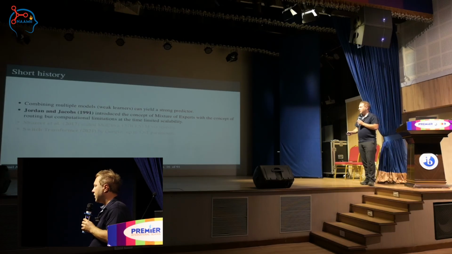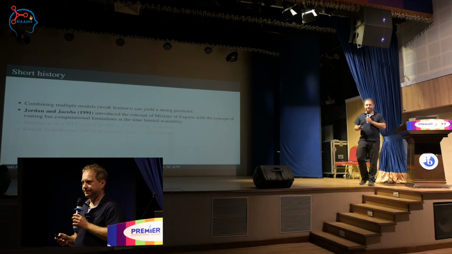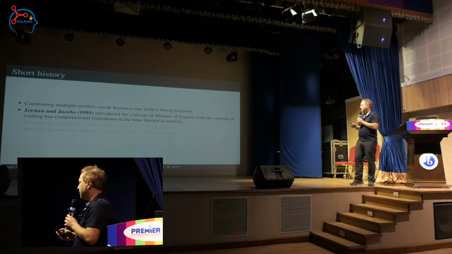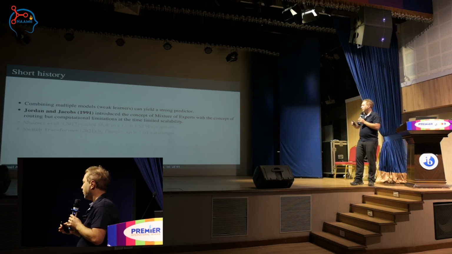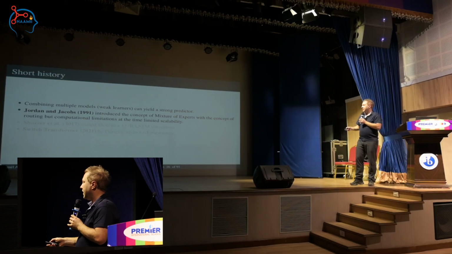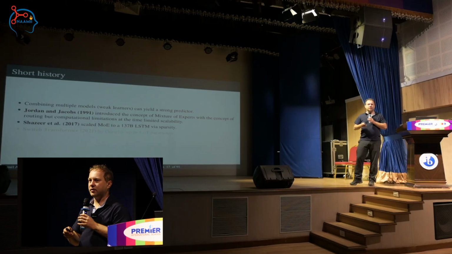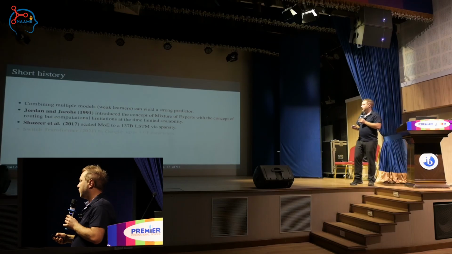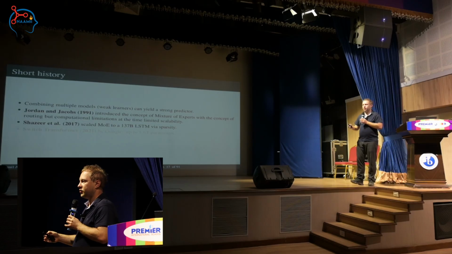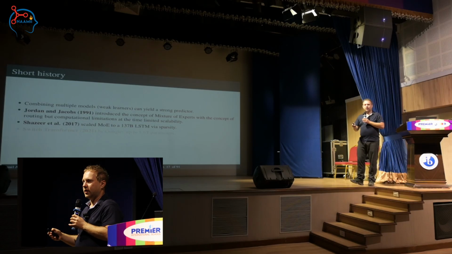The original work dates back to '91, but that is more about an idea rather than the implementation, because at that time the computational limitations stunted the growth of AI and didn't allow for scalability. We came back to this idea of mixture of experts in 2017 in the work that applied mixture of experts to LSTMs.